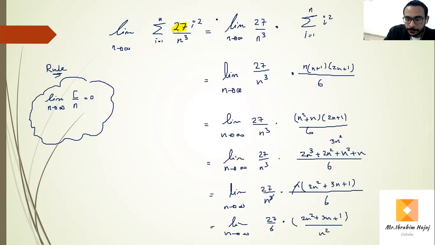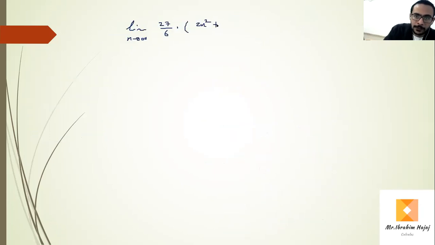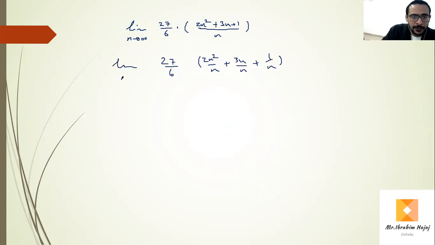We have to separate this quotient: 2n squared over n squared plus 3n over n squared plus 1 over n squared, and then take the limit for each part.